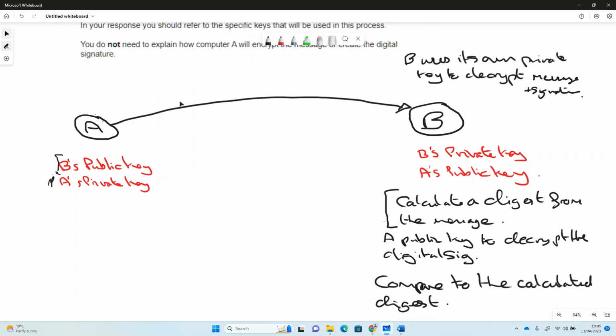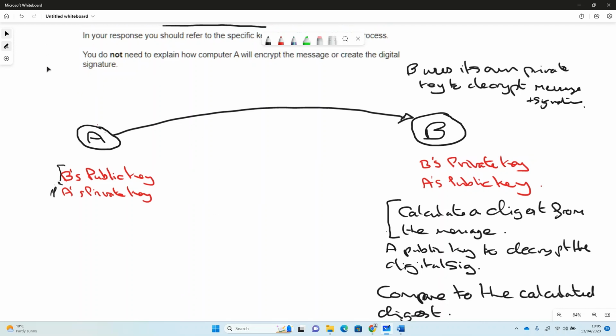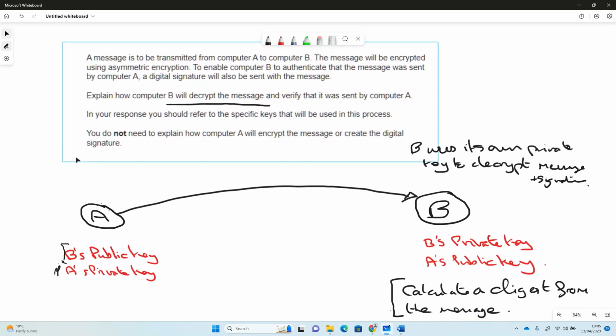And if they're the same, then it's correct and it came from computer A. So just a few bits about the idea of asymmetric encryption and specifically how to answer that particular question, which I think was worth 4 marks.